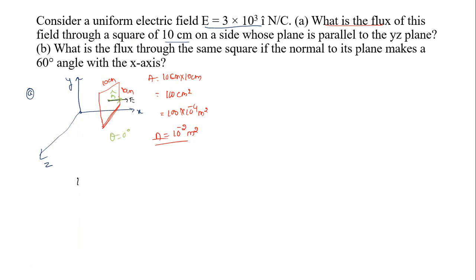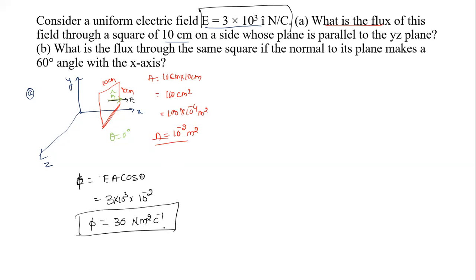Flux phi equal to E A cos theta. Electric field E, how much are we given? It is 3 into 10 power 3, into area, 10 power minus 2. It will become 30. What is the unit now? Newton meter square per coulomb. That is the flux through this surface.